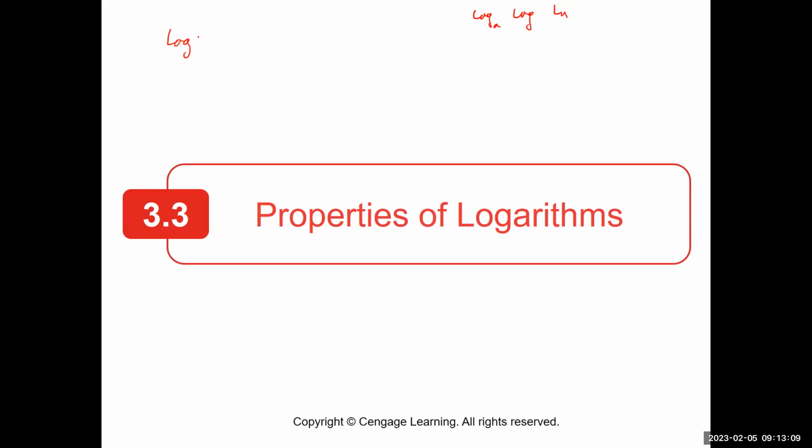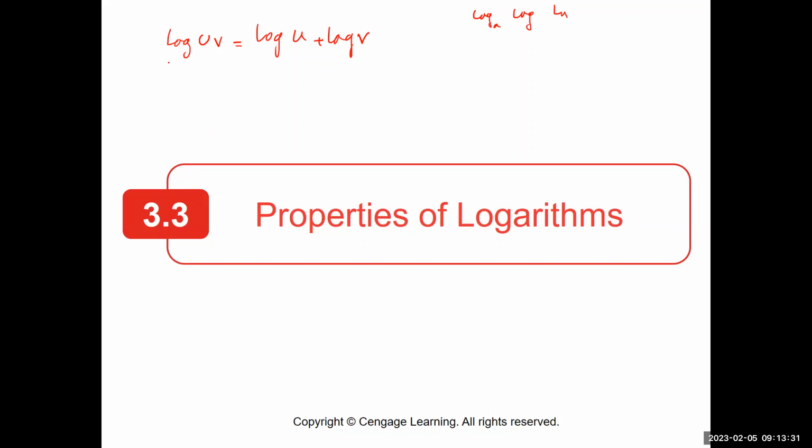So log of u times v, two variables, can be converted to log of u plus log of v. So we can convert it to a log of addition. That's the first property.